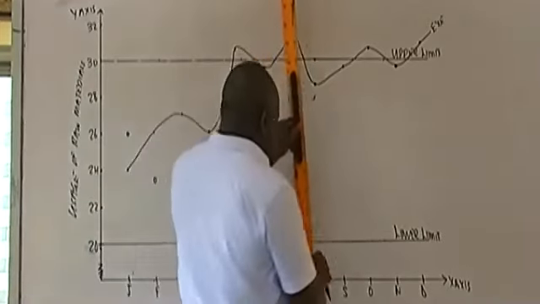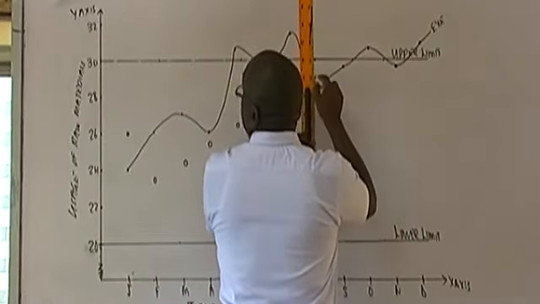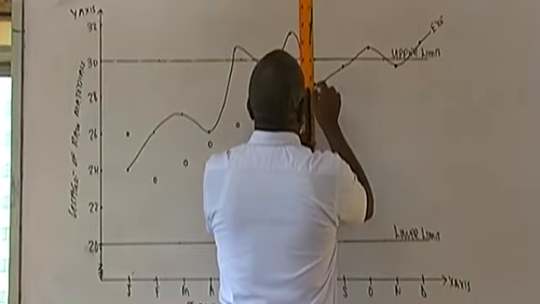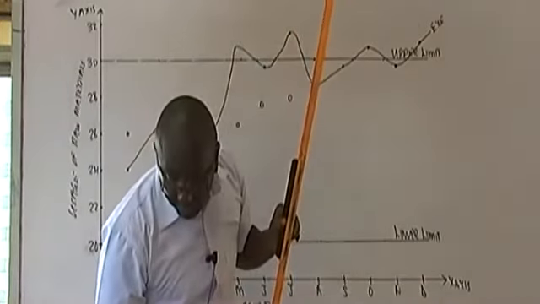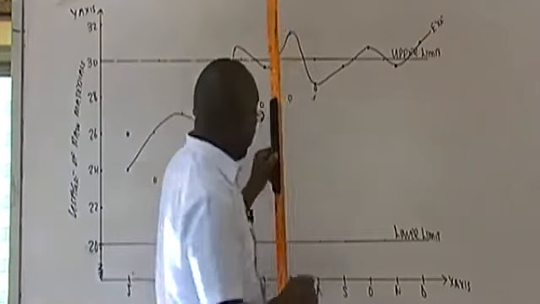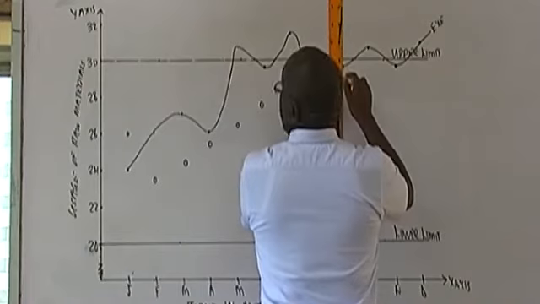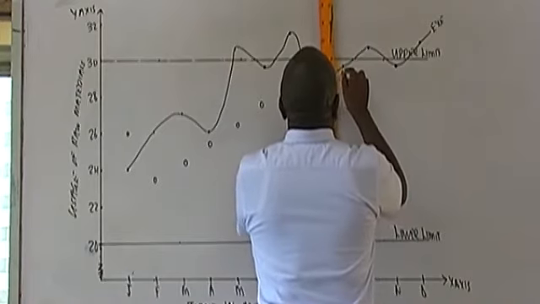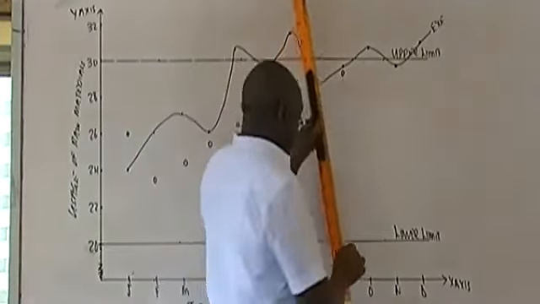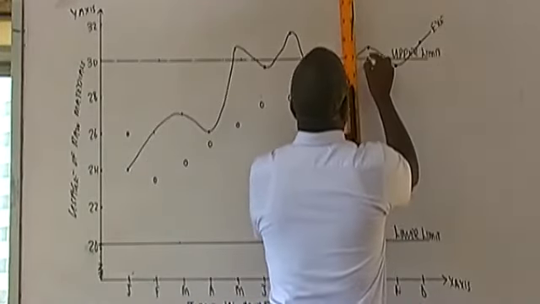Then we have 28,750. 28 is here, so 750 should be somewhere here. And 29,750 somewhere here. Then 30,000. So 30 is here.